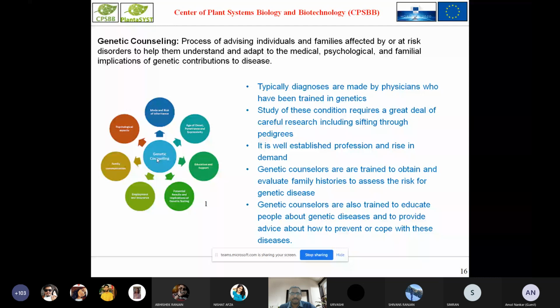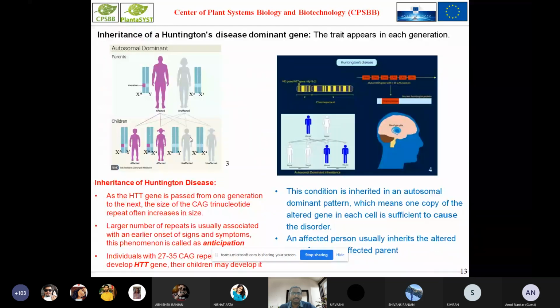Hello? Yes, go to the previous slide. Then, yes, here. I think the male will not be affected, no? Because the X chromosome will come from the female only in a boy. But the affected gene is contributed by the male.